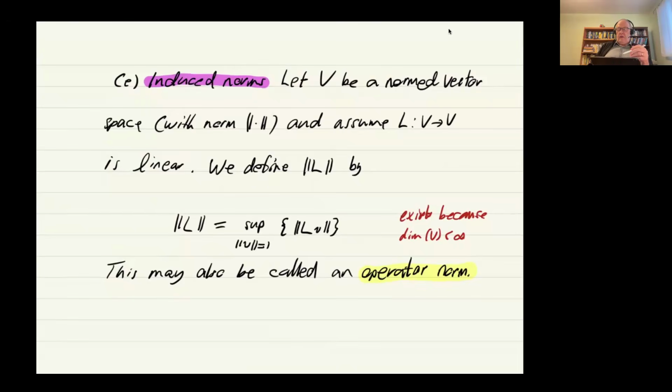It's simple enough. If we have an operator L taking V to V, we define the norm of L to be the maximum value of the norm of Lv, where v ranges over the unit vectors. If you're looking at infinite-dimensional things, then there can be problems here, but in finite dimensions this maximum exists, so we have no particular problems. And this is what we call an induced norm.